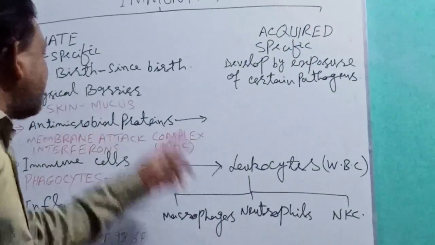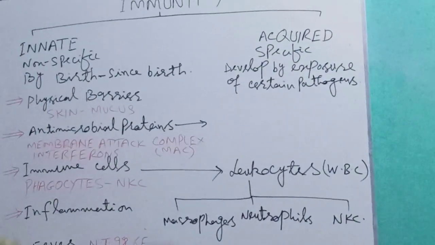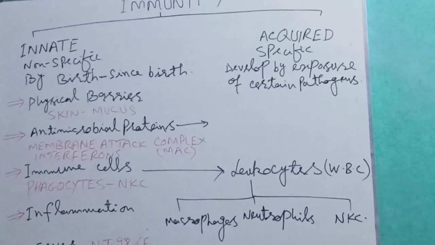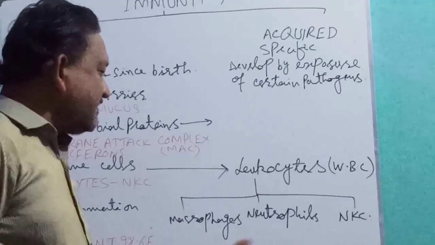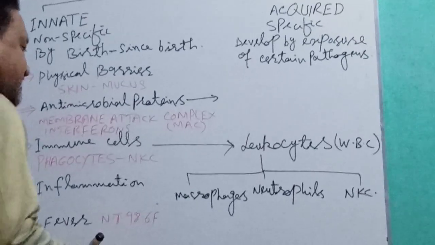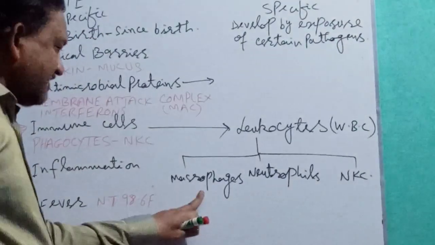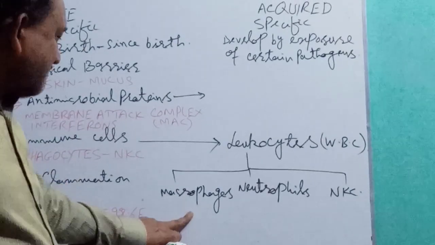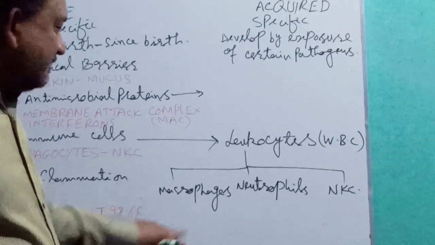The fourth one is the dendritic cell, as we discussed here. The macrophages, neutrophils, and natural killer cells. Macrophages are born in the hematopoietic stem cells present in bone marrow.